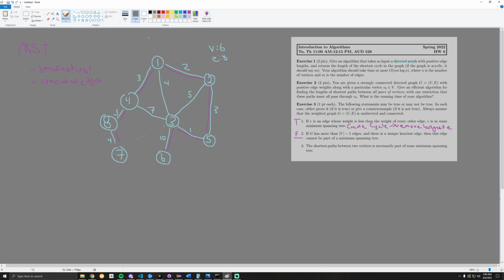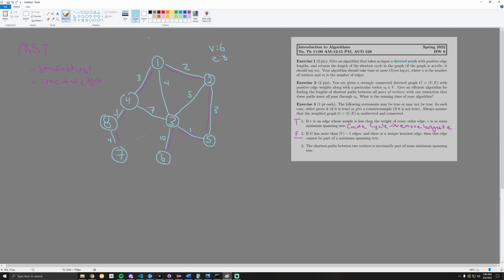But anyways, I think we did serendipitously create a counterexample here, because the shortest path from 1 to 3 is 4, but adding 4 here creates a larger tree, because we don't really care so much about overall shortest paths to nodes. We need to really visit all of the nodes.